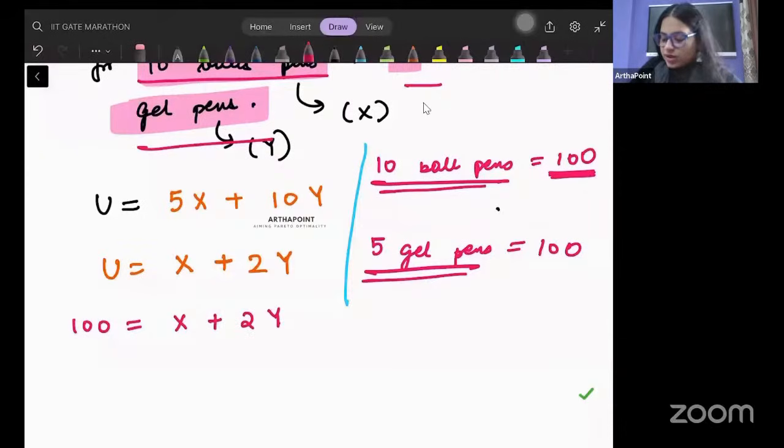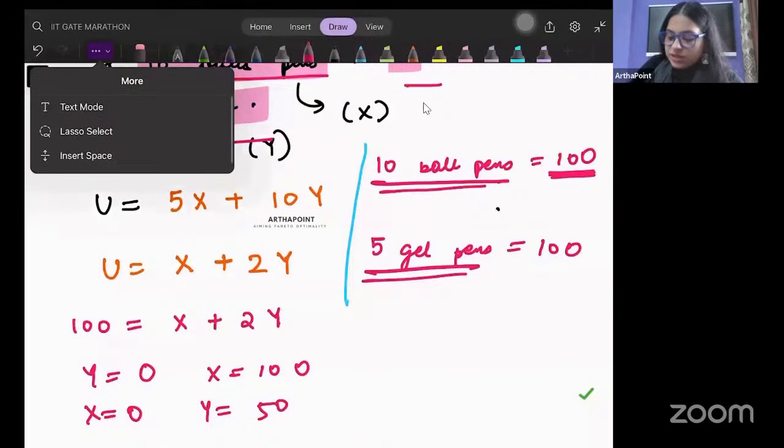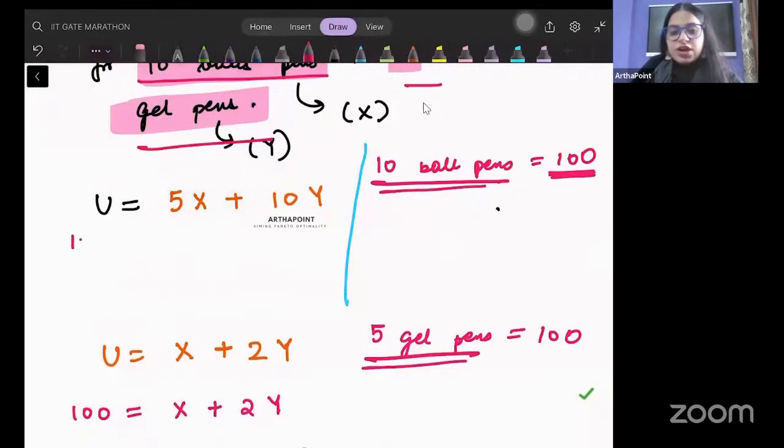So if I put y as 0, my x will be 100. If I put x as 0, my y will be 50. यहाँ पे देख लो करके. If I just go ahead and I put 100 is equal to 5x plus 10y. If I put x as 0, my y will be 10.